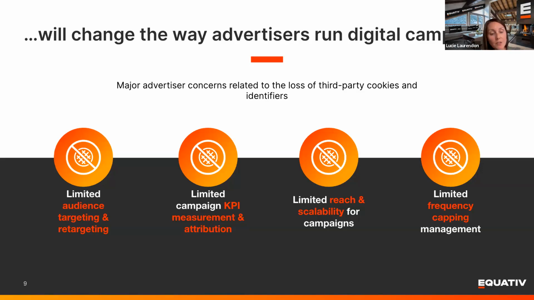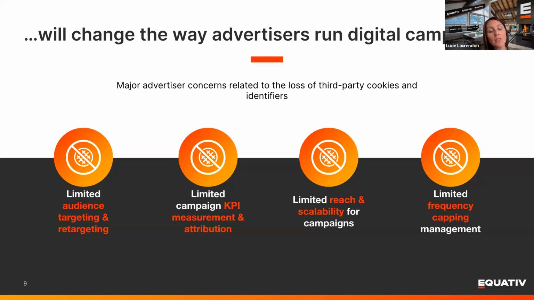And this is why it will change the way advertisers run digital campaigns, with a lot of changes in how advertisers use audience targeting and retargeting. There are now certain limitations to the way we do measurement and attribution.